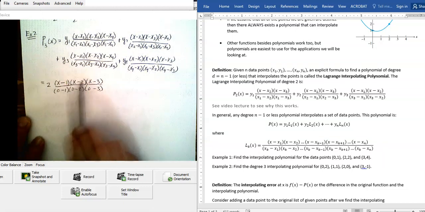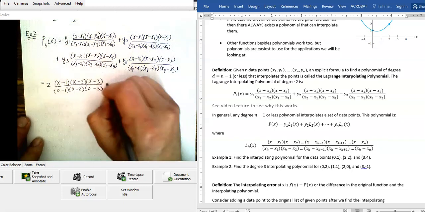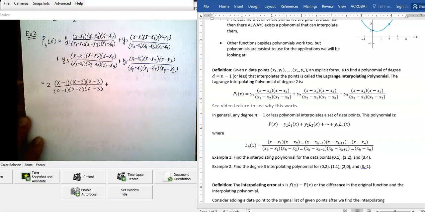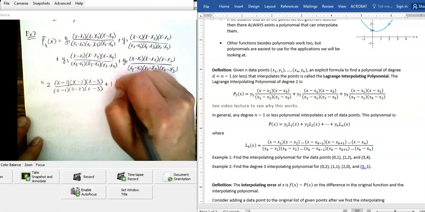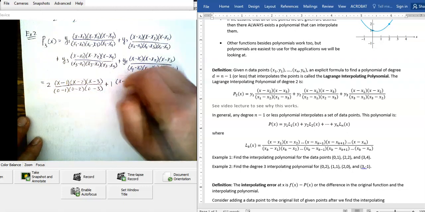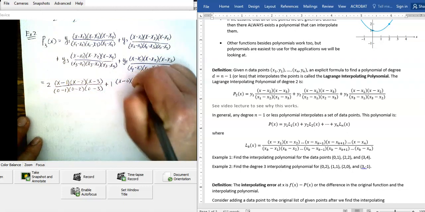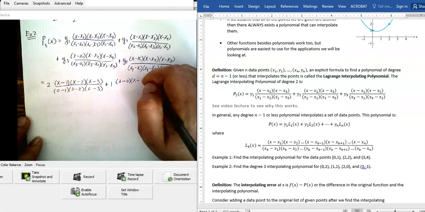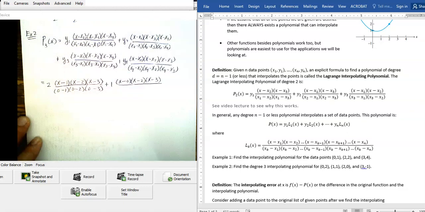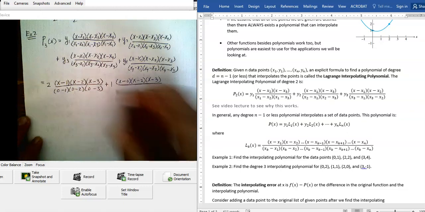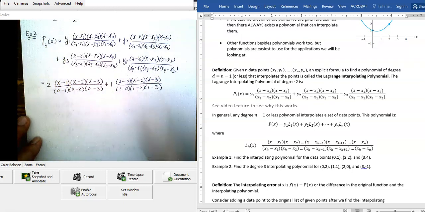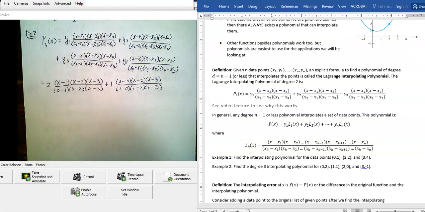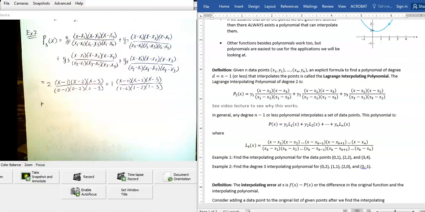So it's nice that these numbers stay the same. It's kind of a nice feature. y2 is 1, and do it again. So x minus x1, which is 0, x minus x3, which is 2, and x minus x4, that's 3, over 1 minus 0, 1 minus 2, 1 minus 3, plus.